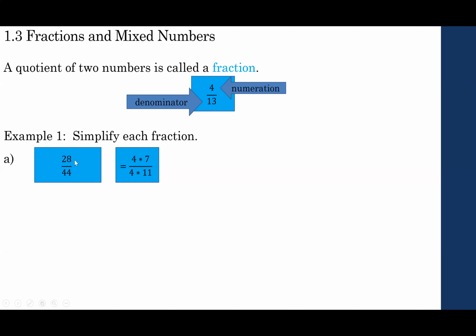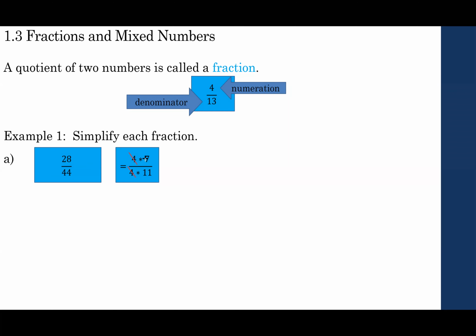4 times 7 gives me 28. The idea here is that if we have the same number on top as the number on the bottom, we can cancel them out, since 4 over 4 is equal to one whole number.